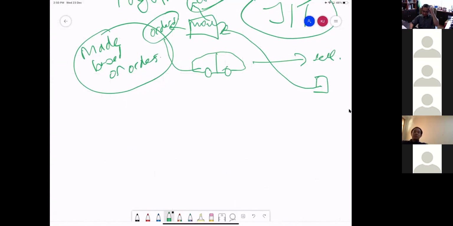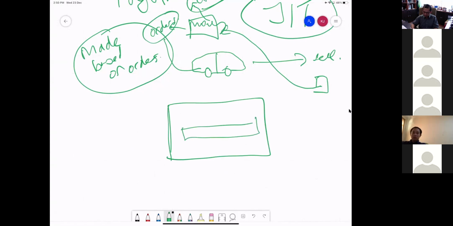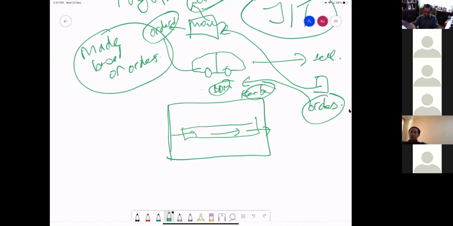So with that, they have JIT. Ideally they expect JIT, one piece flow processes. They get an order, go to the system, set the bill of material, set the kanban, set anything, then pass to the supplier.